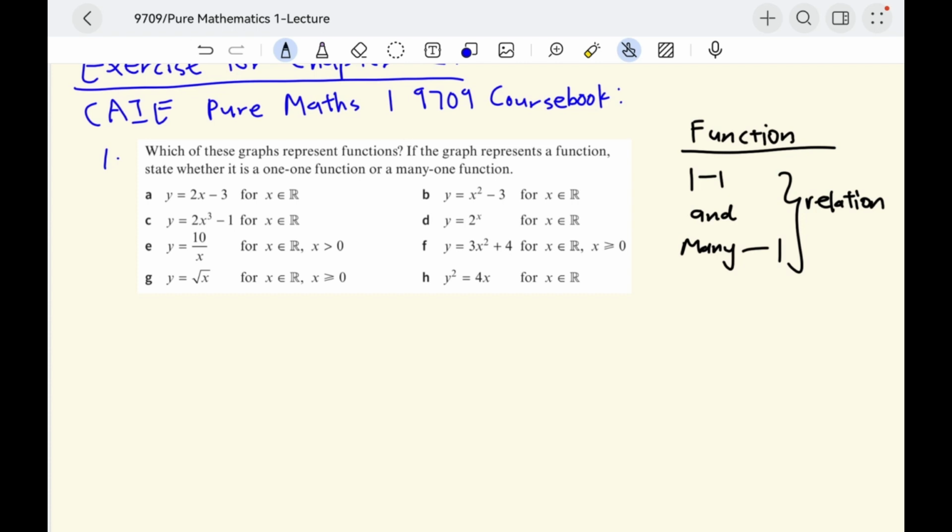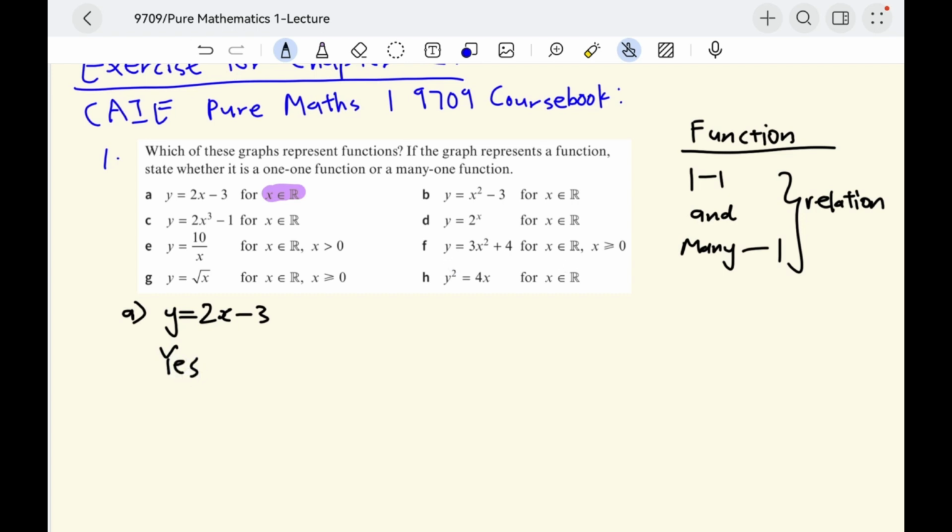Let's take a look at the first part, part A, y equals 2x minus 3, for x a subset of all real numbers. Is it a function? The answer is yes. Why is it a function?